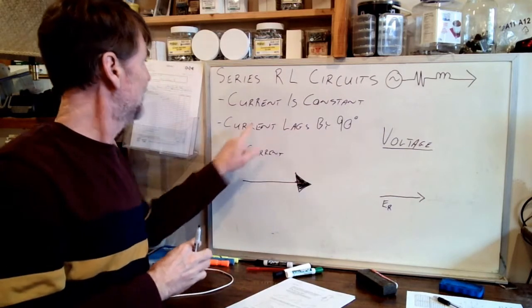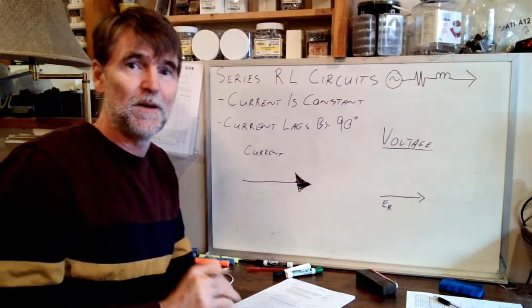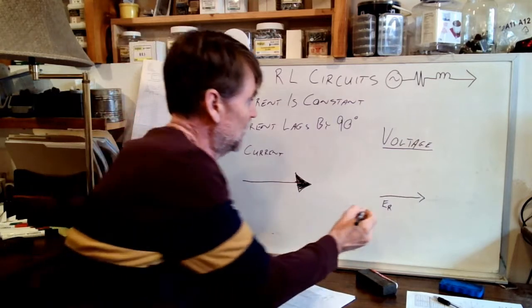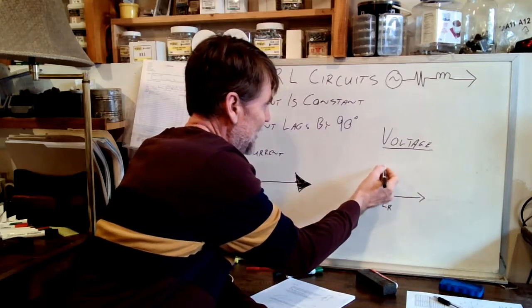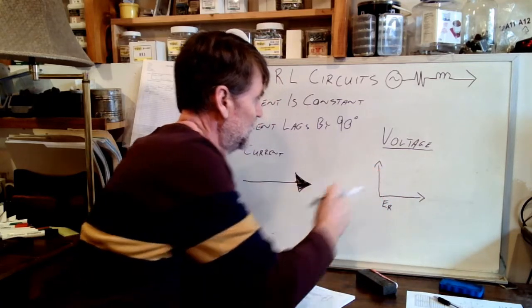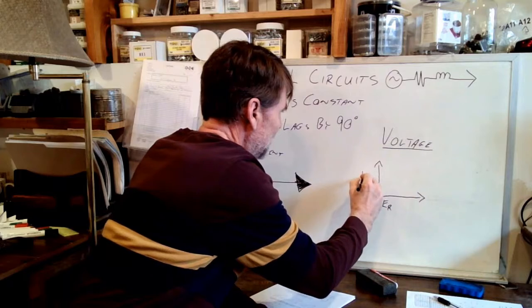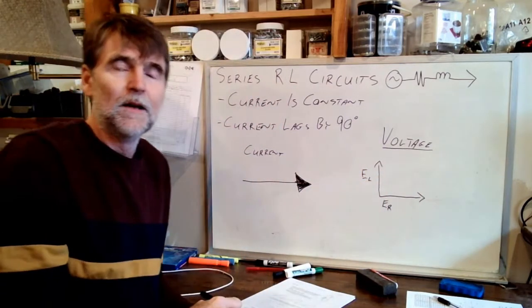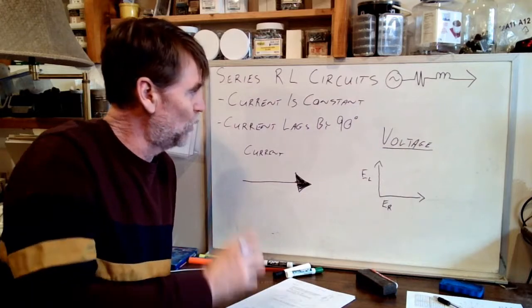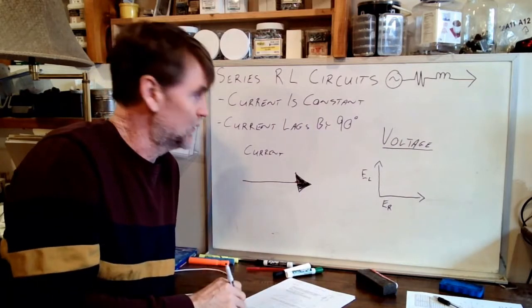It's going to be leading the current by 90 degrees, which means I'm going to draw it at 90 degrees. I'll draw it here initially, and we're going to call this EL. That vector represents the voltage dropped across the inductor.